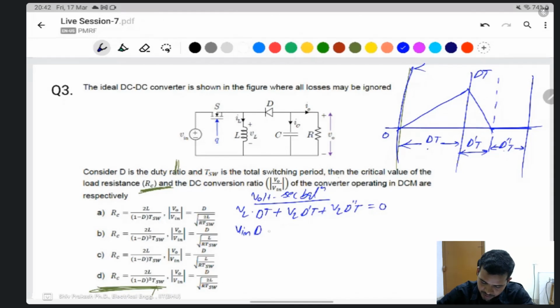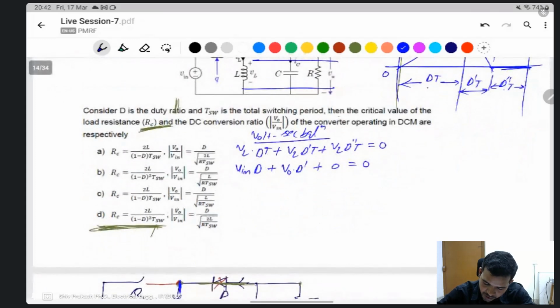Then V in into D plus, when the switch is off, in this condition, this one is the same as V output. V output into D dash plus this one is 0. From this you can find D dash. D dash is minus dV in divided by V naught.